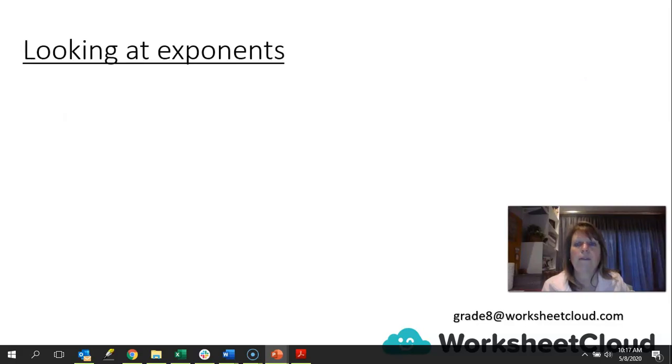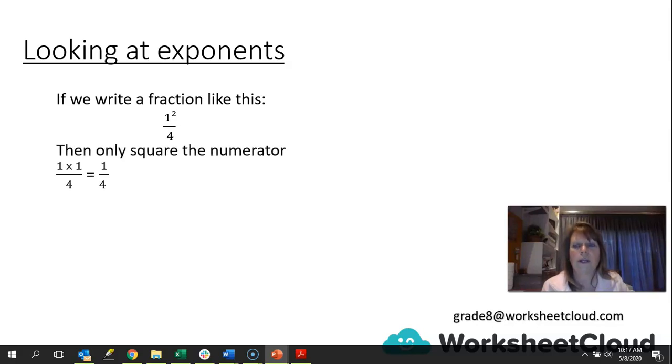Right. Let's have a look now at what happens in a fraction. If we write a fraction like that, 1 squared over 4, then you are only going to square the 1. You'll only square the numerator because the exponent is related to the numerator only. So you will only square the numerator: 1 times 1 is 1, and 4 stays the same.